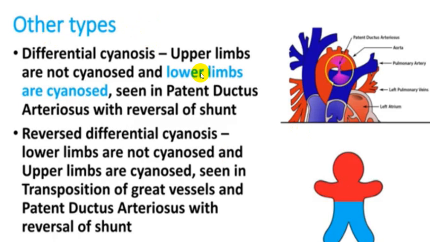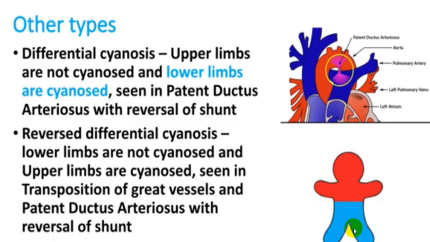In differential cyanosis, because of patent ductus arteriosus, normally the blood will always flow from the oxygenated side to the pulmonary circulation, and that will give rise to pulmonary hypertension. And when you get reversal of the shunt, blood from the pulmonary artery will flow into the aorta, and that is deoxygenated blood, and that blood will flow into the descending aorta rather than the branches, because if the duct is after the left subclavian, you will have cyanosis in the two lower limbs.